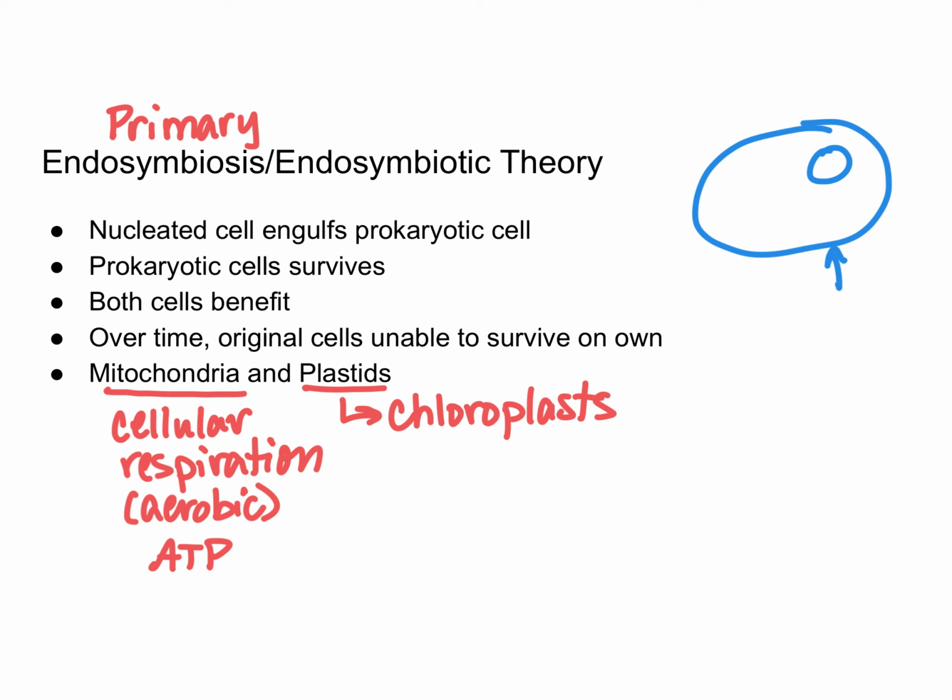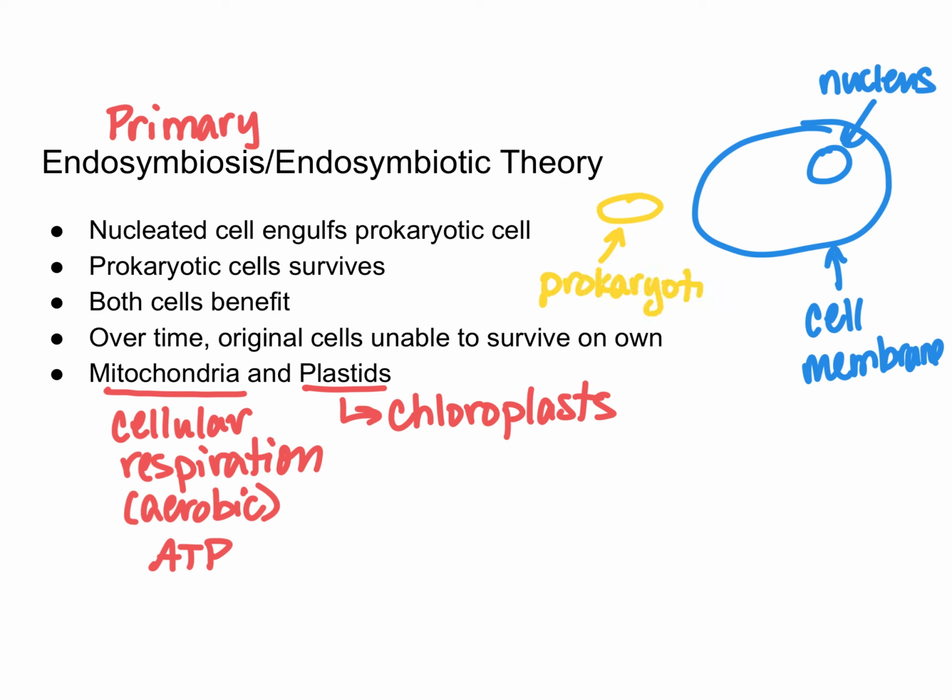So this would be the cell membrane. This would be the membrane-bound nucleus. And then there was a prokaryotic cell that became engulfed by this early eukaryotic cell.